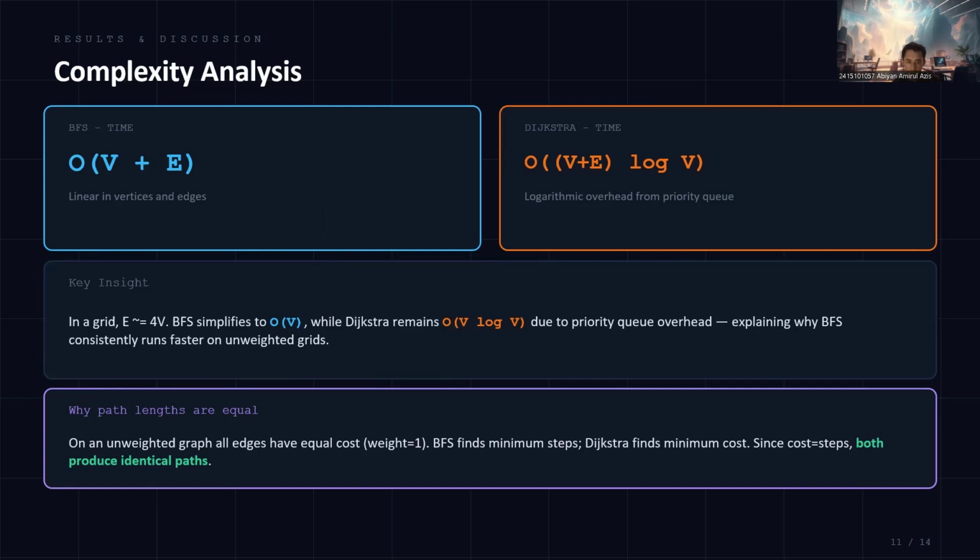All edge costs in our grid are equal. The additional work performed by Dijkstra provides no advantages, while BFS achieves the same path quality while requiring less computation. In unweighted graphs, Dijkstra solves a more general problem than necessary, making BFS the more efficient choice.